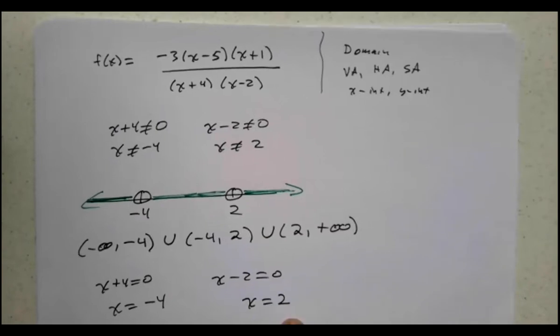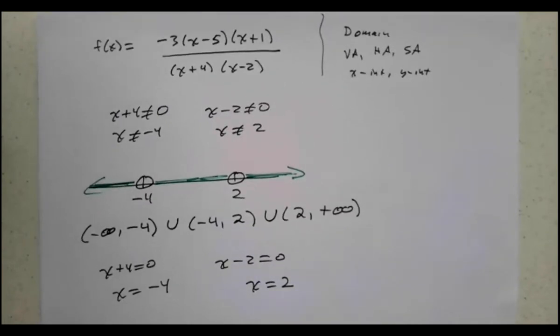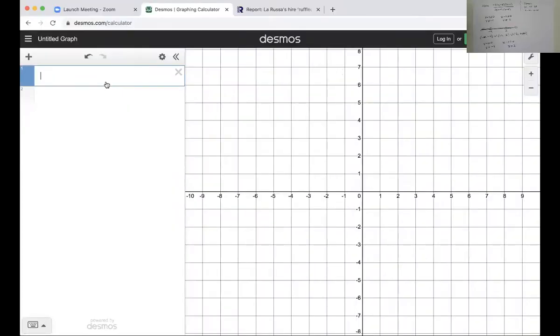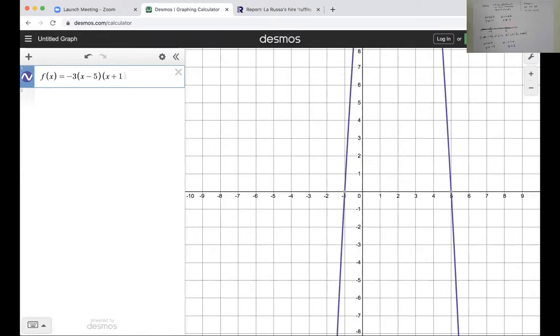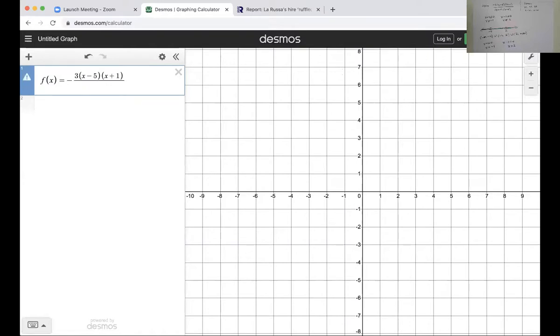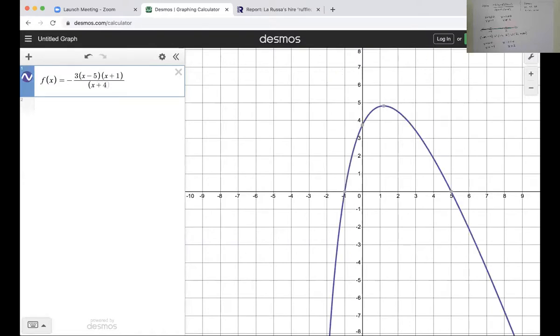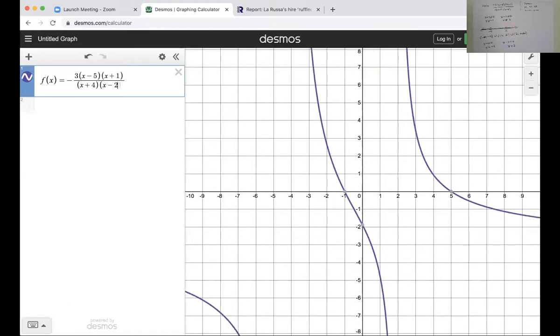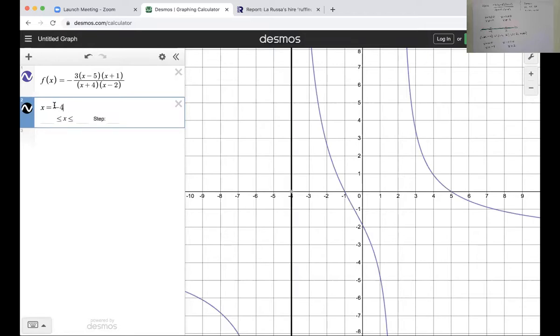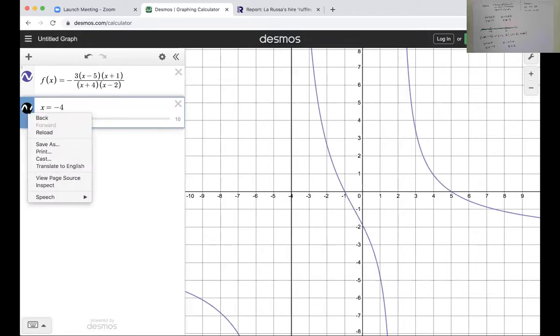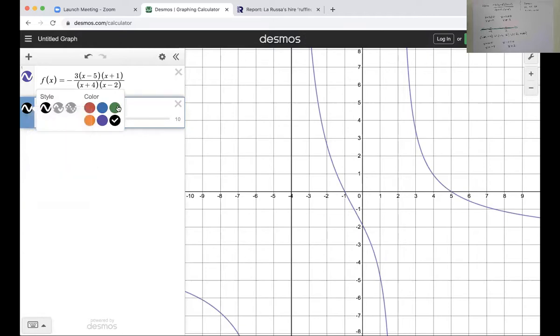Let's take a look at the graph and see if that's supported by what we see on Desmos. We have our function here: f(x) = -3(x - 5)(x + 1), divided by, on the bottom, (x + 4)(x - 2). We hope we have a vertical asymptote at x = -4, and it sure looks like we do.